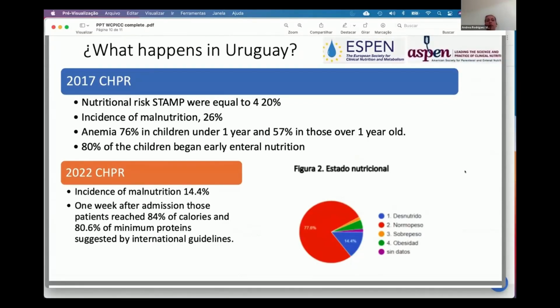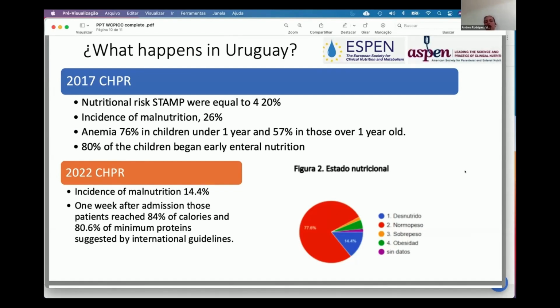This is my hospital, Hospital Pereira Rosell. We are a small country, but Hospital Pereira Rosell is the reference for the children in the public health system. We are a medical surgical hospital and an academic one. In 2017, we performed a study where the incidence of malnutrition was 26%, and where we applied a screening test for the risk of malnutrition during the stay in the ICU.